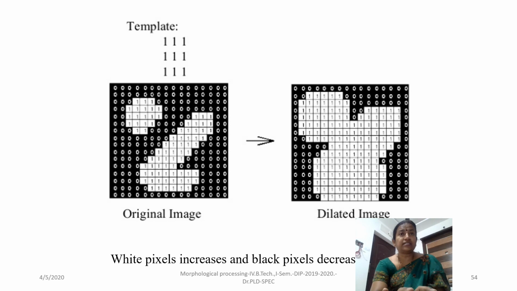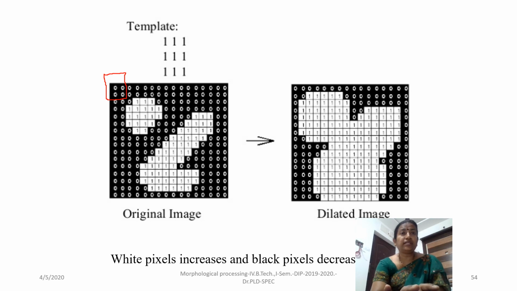Suppose I consider this center one here. All the pixels above the boundary of the input image are to be considered as zeros. In this way, you just have to consider 3 by 3 pixels. So 1, 1, 1, 1, 1, all these locations are actually zeros. That's why the center one is also 0 here.